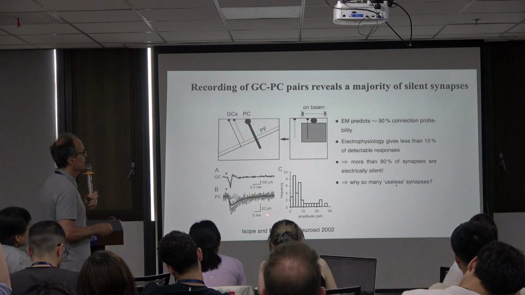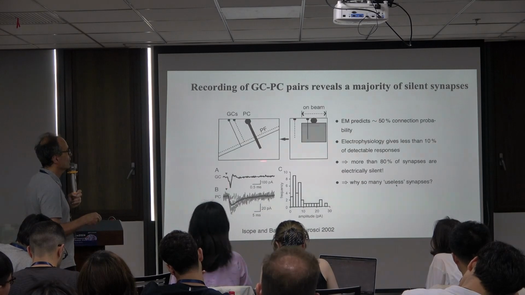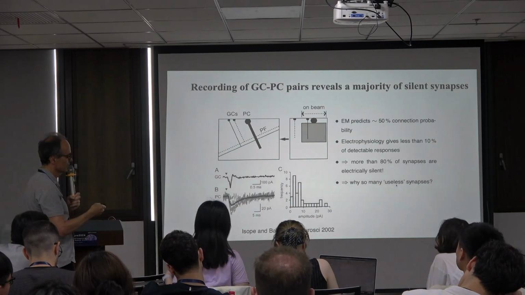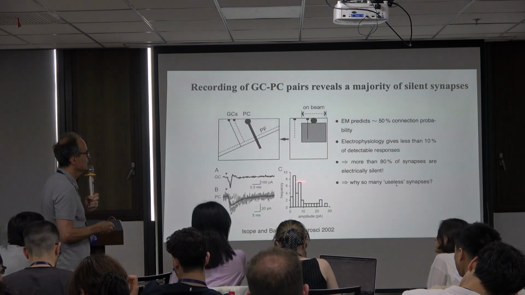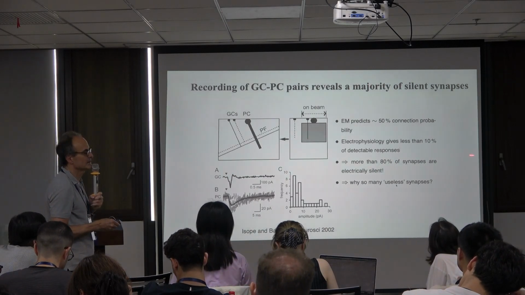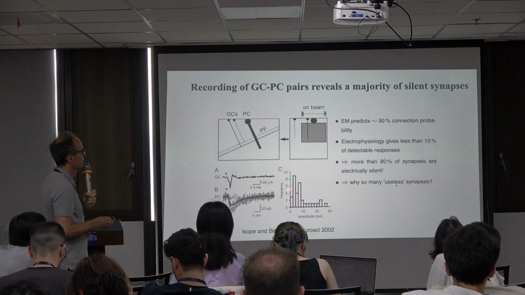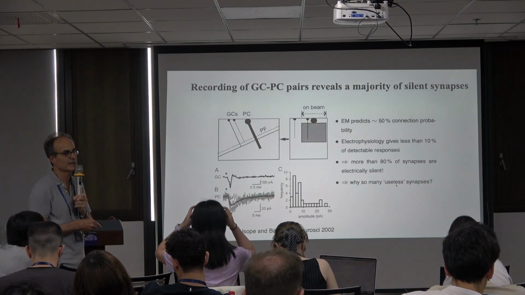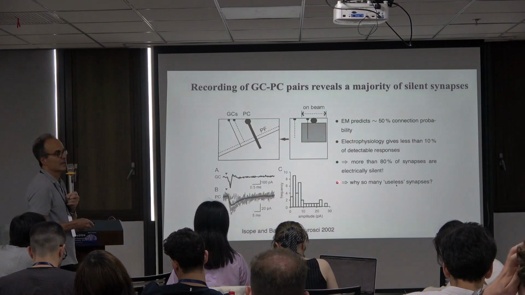But there is something that does not appear on this histogram. They measured a lot, actually, about 600 of these contacts, and only about 30 gave a measurable signal, but most of them didn't give any signal. You do that, but here you don't detect anything. So you could say, okay, there is simply no synapse.